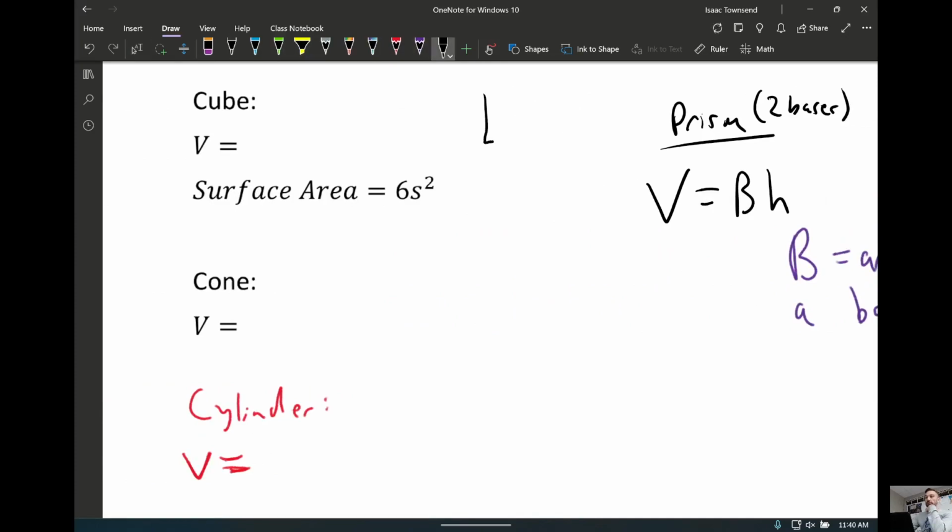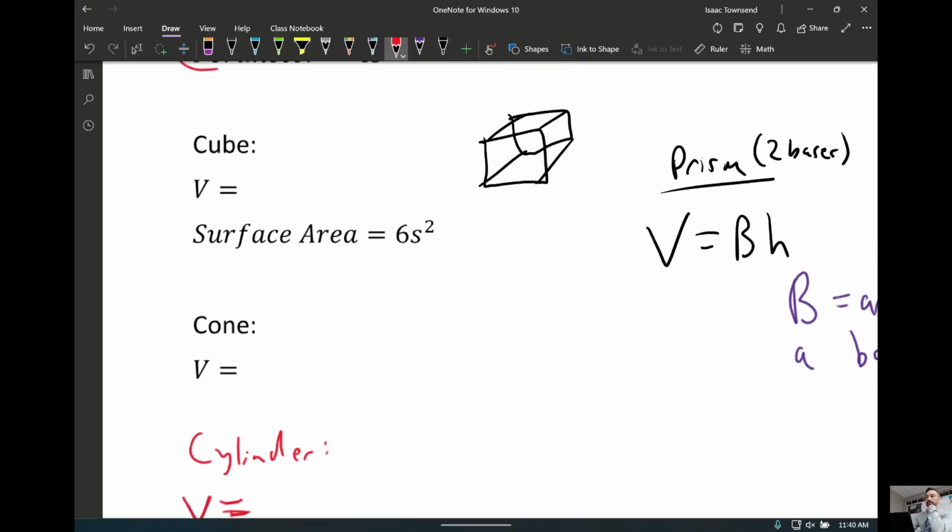A cube is a three-dimensional shape. This has two bases. You could think of this side and this side as bases, so that makes it a prism. So its volume is going to be the area of the base times the height. And since this is a square, if we call this S, what's the area of the base?